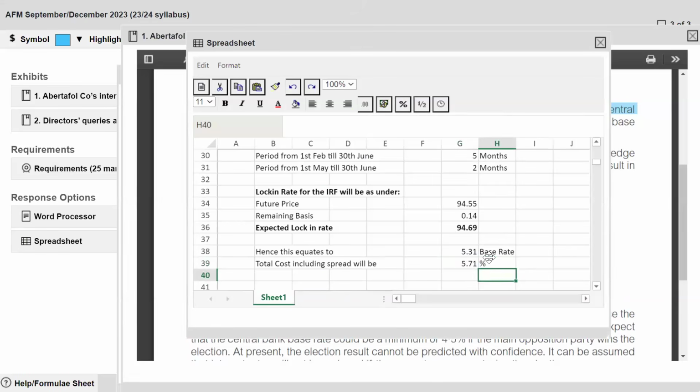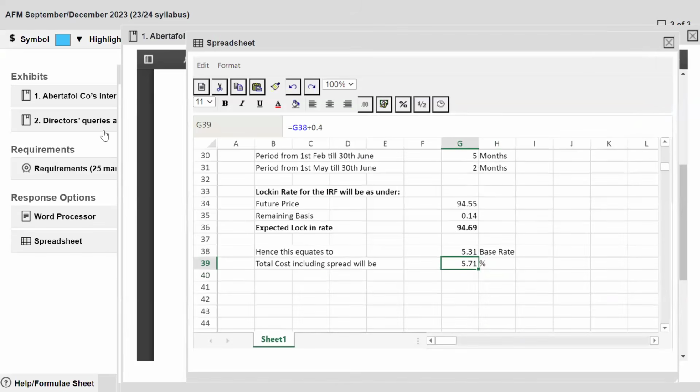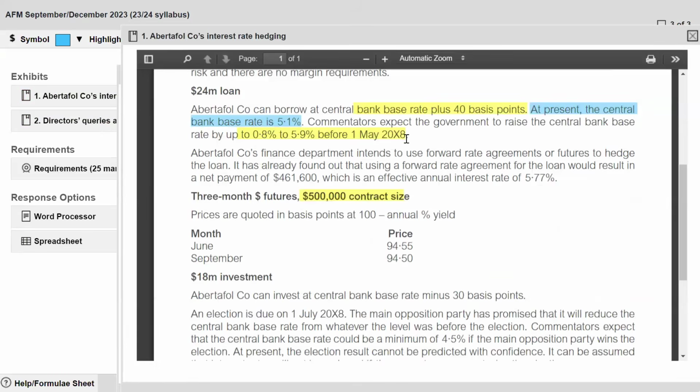5.71%, right? Okay. Now, when we talk about this $24 million loan, for the FRA it was 5.77%. Here it is 5.71%.